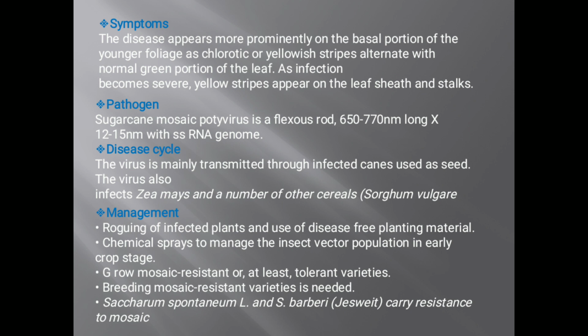The pathogen is a potyvirus, a viral disease, transmitted by infected seeds and by maize and the cereal Sorghum vulgare. Management: use resistant varieties, rogue the infected plants, use disease free planting material, and remove maize near the main crop.